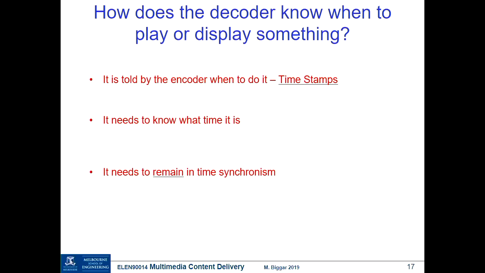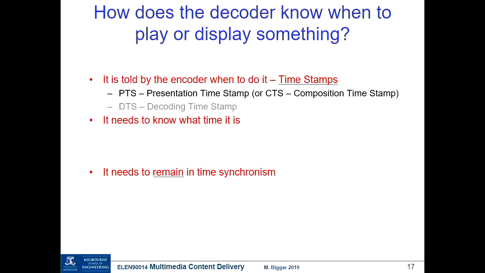If we're going to have a timestamp that says this particular piece of audio needs to be played out at this particular time, this instant of time, then we need to be able to measure that time, and we need to make sure that that time remains in synchronism. So to fill in the gaps in here, we have different timestamps. This is MPEG terminology for the different timestamps. We'll look at an example in just a second.